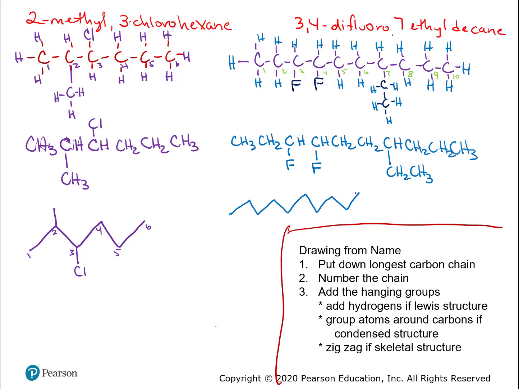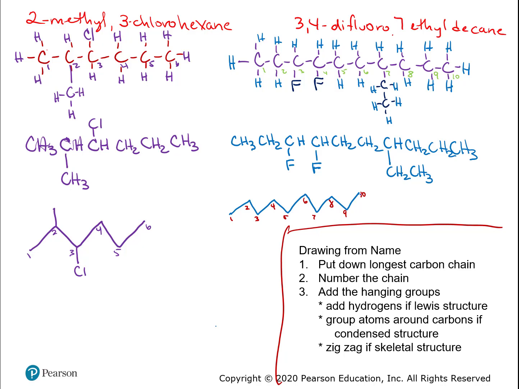I would caution you to still number them, 1 through 10. It's a way to check yourself, and you always start on the end, and you should end on an end, because those ends are carbons.